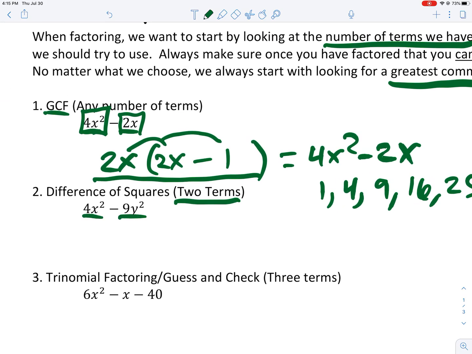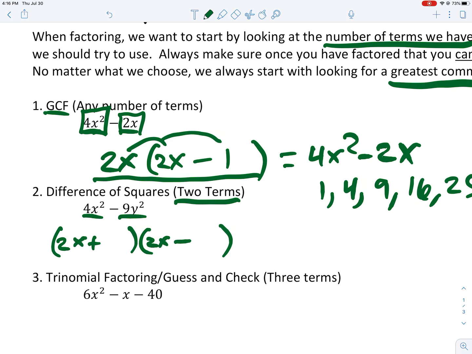So 4x squared and 9y squared, those are both perfect squares. So that means it's going to factor into two binomials. One's plus, one's minus. They're going to be identical. Whatever you write in the first group is identical to the second group other than the signs. So what number do you square to get 4? 2.